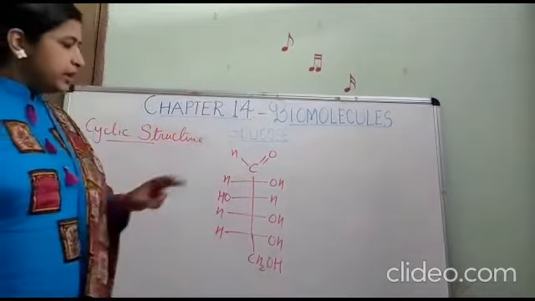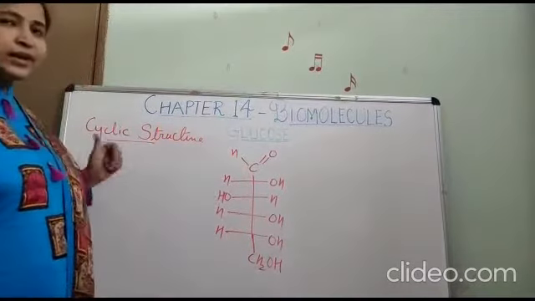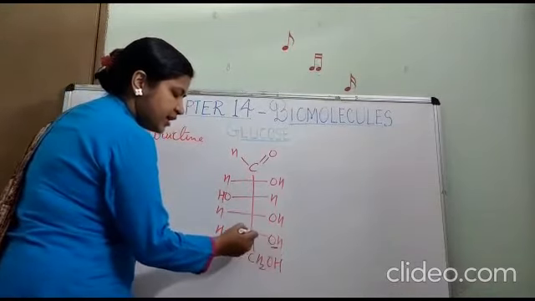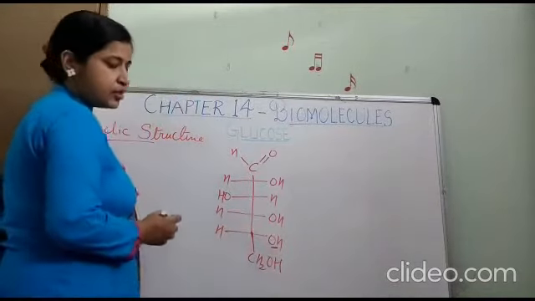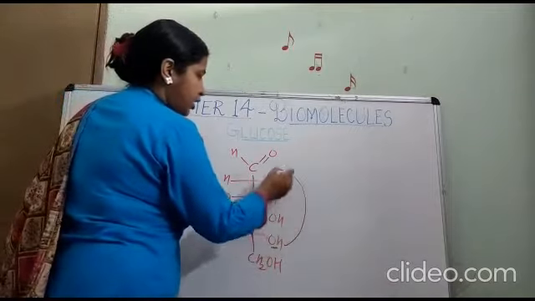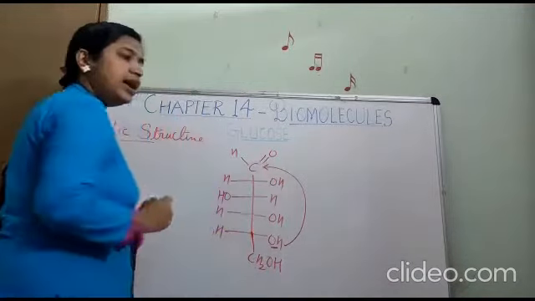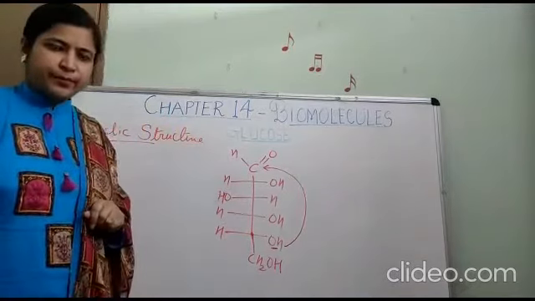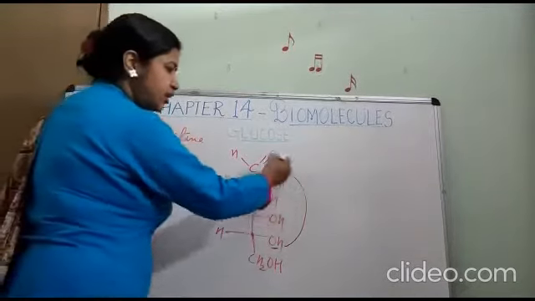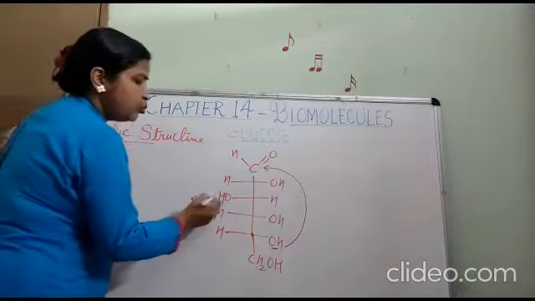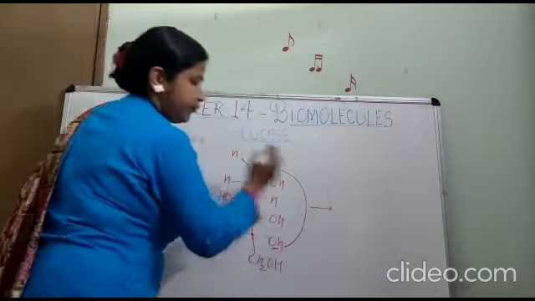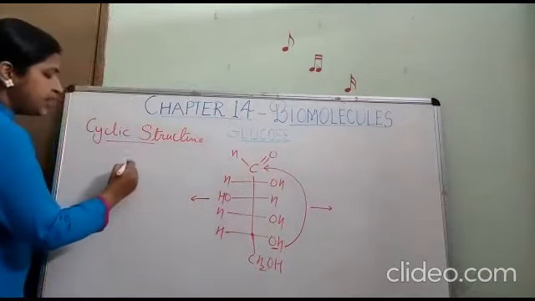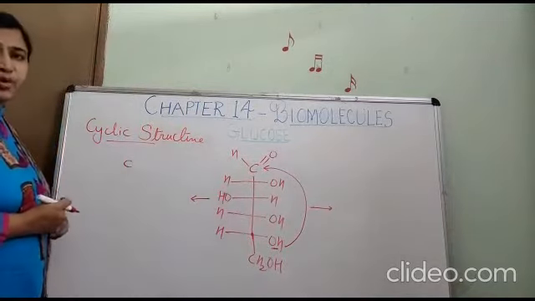For converting this planar structure into a cyclic structure, the OH group present at the lowest asymmetric carbon adds up to the aldehyde group present at the top of the structure. When this addition takes place, there are two possibilities, and a hemiacetal structure is formed.